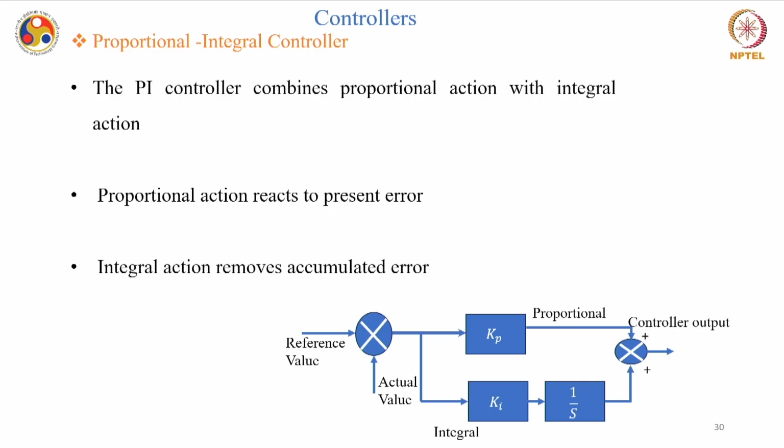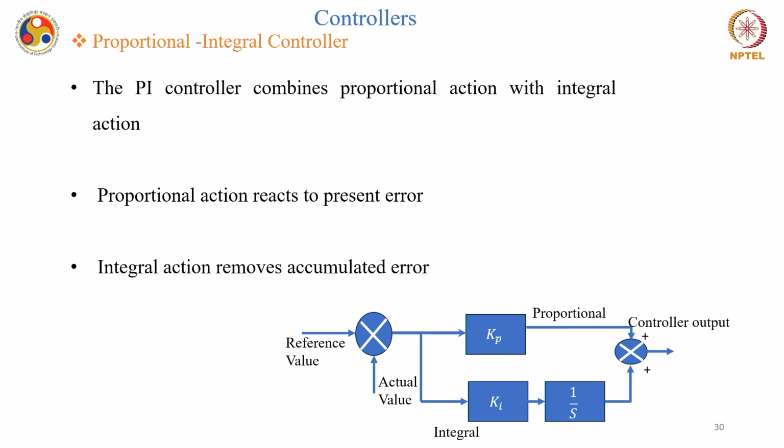The PI controller combines proportional action with integral action, as you can see in this schematic. The proportional action reacts to the present error, as you have also seen in the proportional derivative controller. The derivative action was an anticipatory action, while the integral action removes any accumulated error.